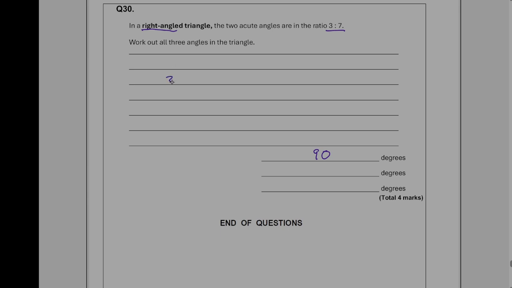That means there are 10 parts, so 90 divided by 10 is 9. So that angle must be 3 times 9, which is 27, and that one would be 7 times 9, which is 63. So those are my 3 angles.